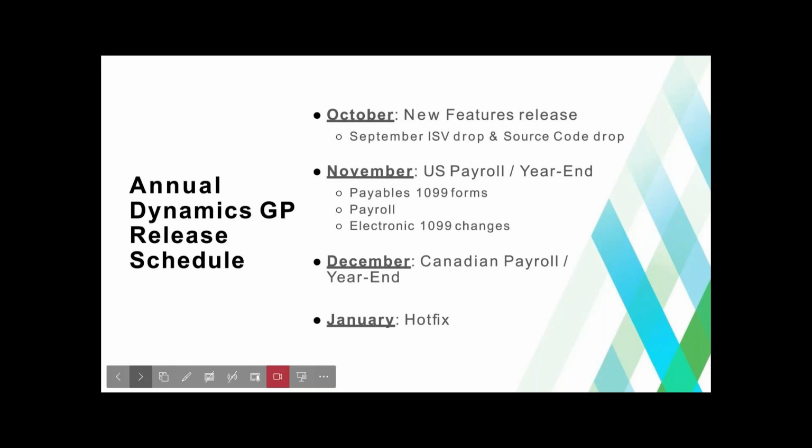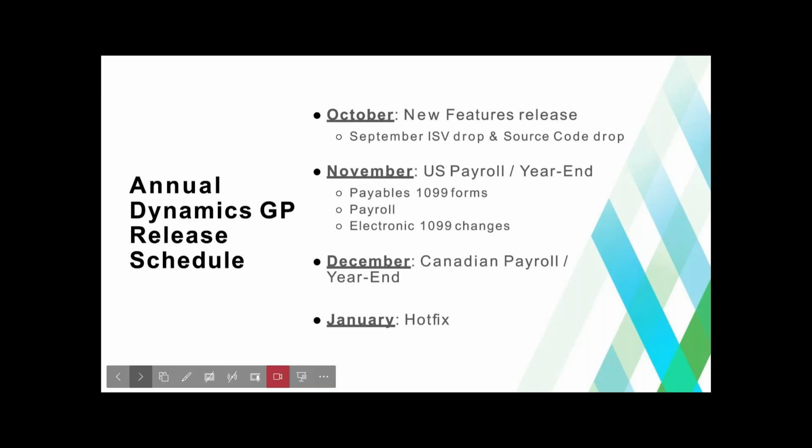Meanwhile, in the Great White North, Canadian payroll and year-end hits in December. Once we get to January and the new year, that's usually around the time we could expect to see a hot fix. By that time, it's been roughly 90 days since October and the new release and new functionality has come out. So a hot fix in January makes sense.